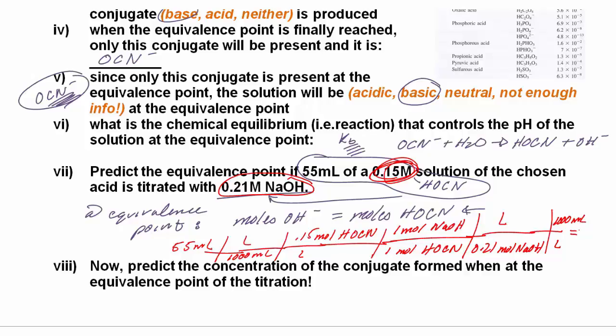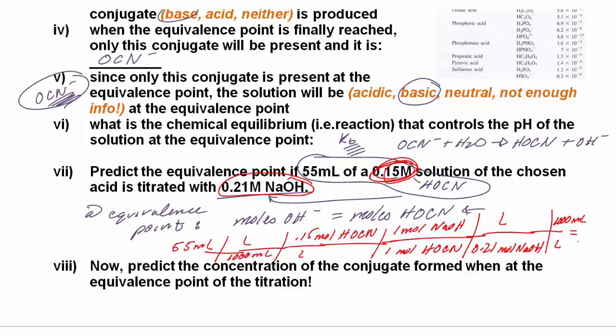Everything on top multiply, bottom divide. So 55 divide by 1,000 times 0.15 divide by 0.21 times 1,000, about 39.3.